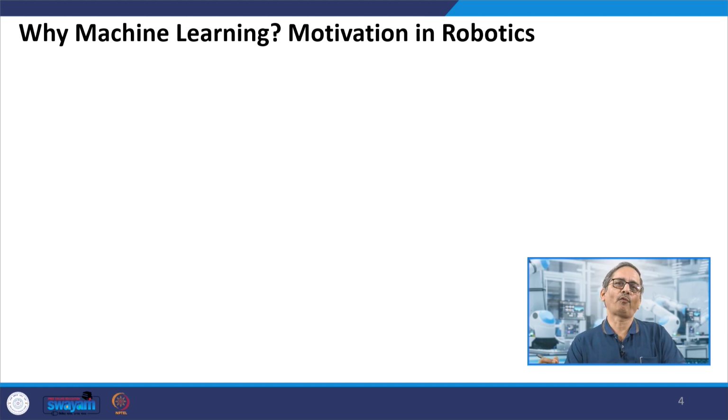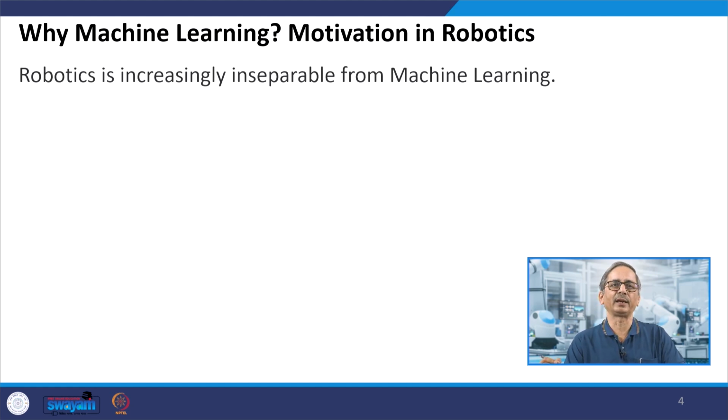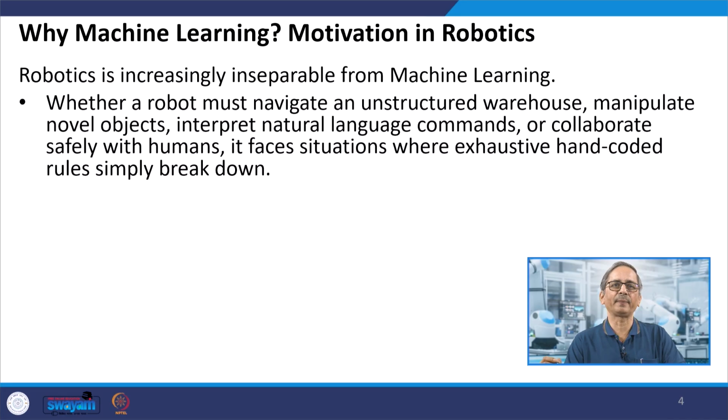So, why machine learning? What is the motivation for using machine learning in robotics? Whether our robot navigates in an unstructured warehouse, or manipulates some object, or has to interpret natural language commands, or collaborate safely with humans, say in human robot interaction.